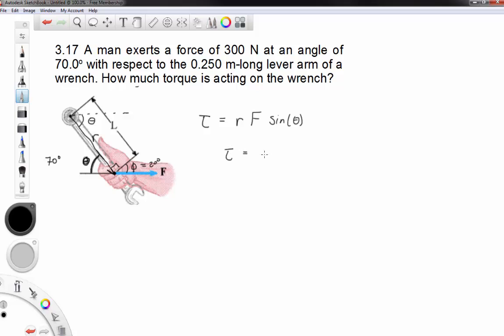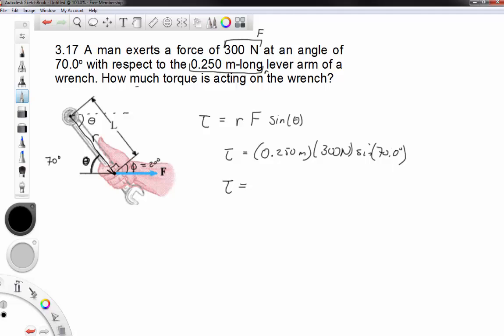In any case, the torque in this case will be 0.250 meters. This right here would be the r term. Here is the force term, F. So it's that times 300 newtons times the sine of 70.0 degrees.